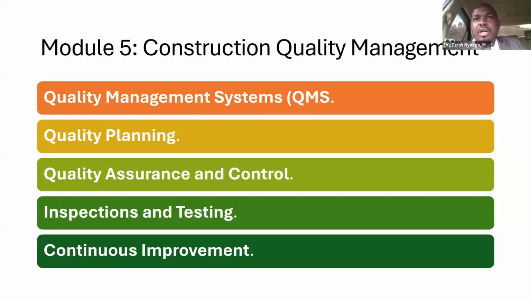Every organization nowadays prides itself that we provide quality services, we provide quality products. And as a construction manager, as a construction specialist, you realize that you need to provide quality deliverables.